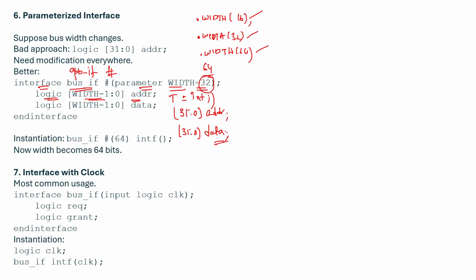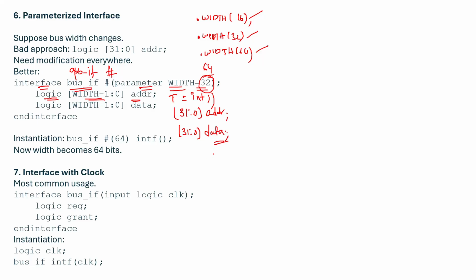Here I am instantiating my parameter, and that parameter will be representing your signals. Beside the signal you are representing the parameter width, and based on that the signal width will be defined. Okay, clear?